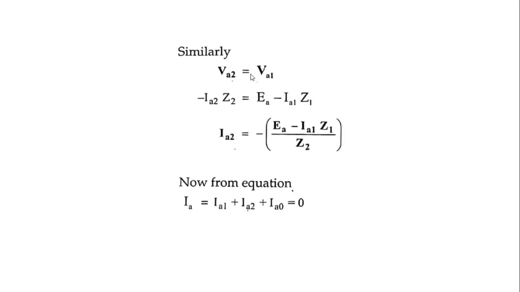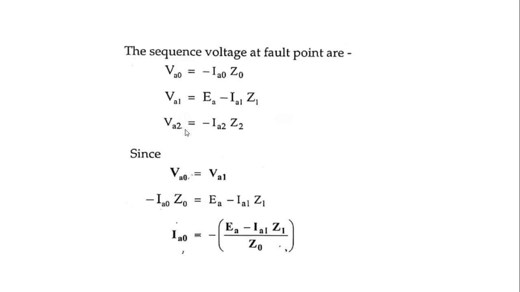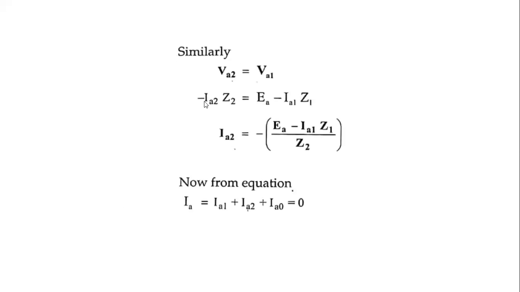Similarly, we equate the negative sequence voltage and the positive sequence voltage, that is VA2 is equal to VA1. What is the VA2 value? Minus IA2 into Z2 is equal to VA1, which is equal to A minus IA1 into Z1.